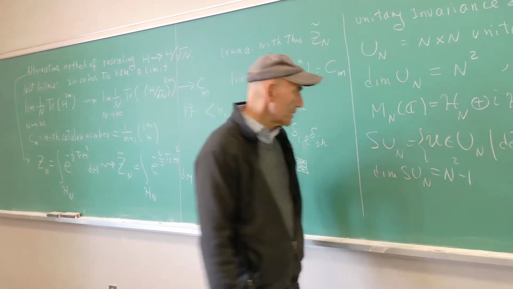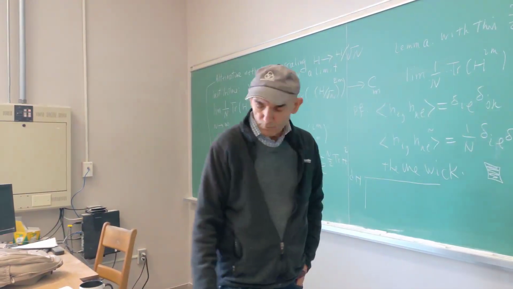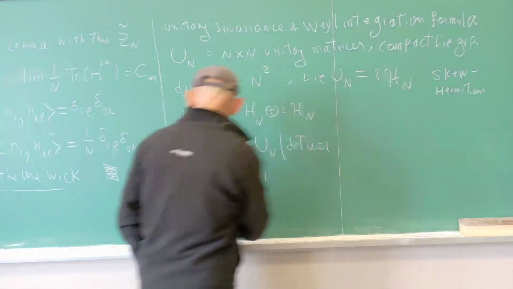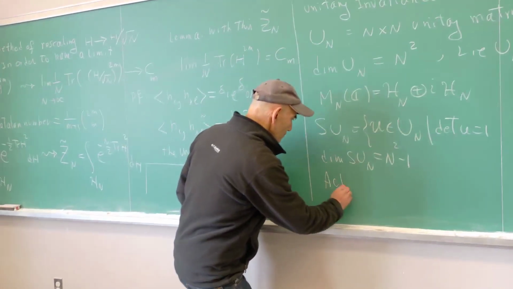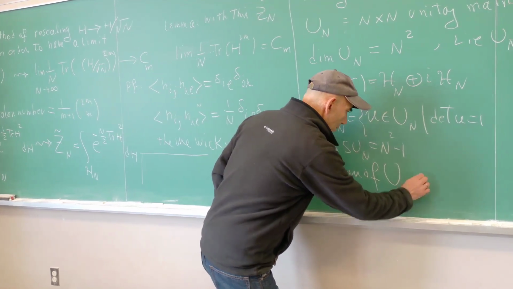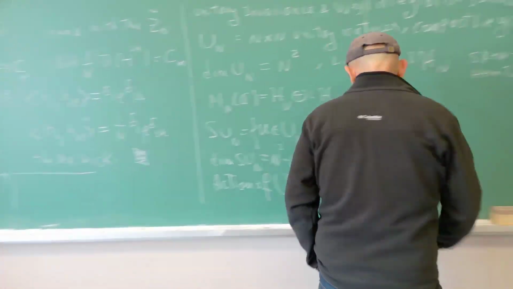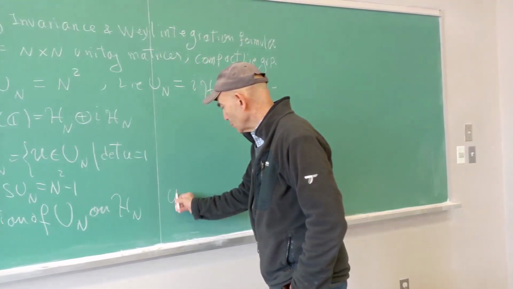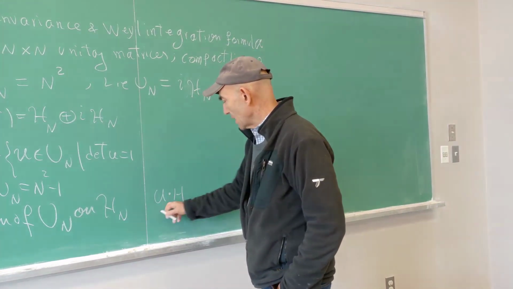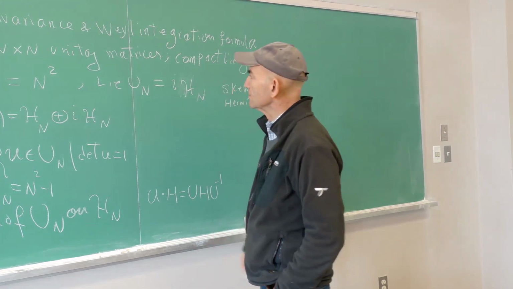Okay, so let me now discuss the action of U(n) on H_n. If you have a matrix U in U(n) and a Hermitian matrix H, its action is defined to be U H U inverse.